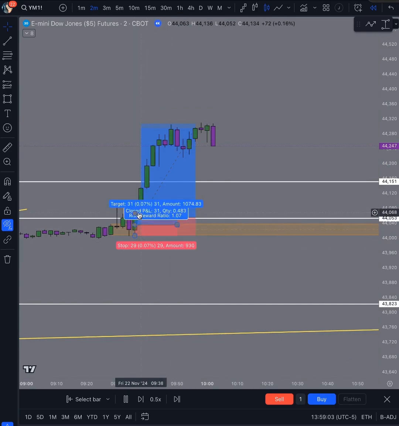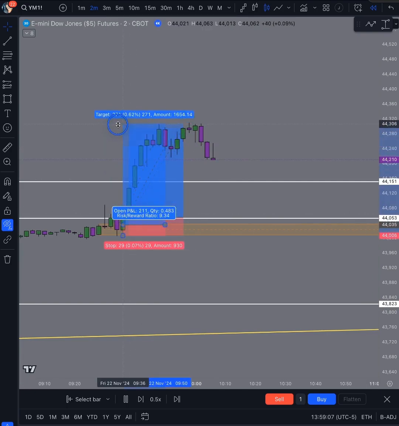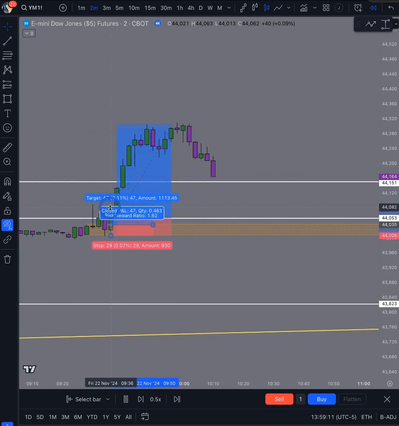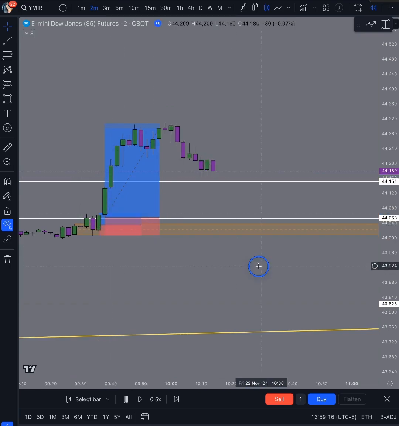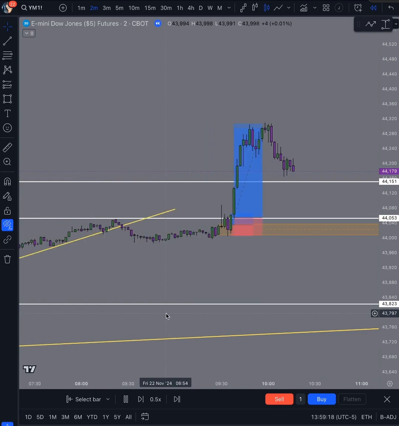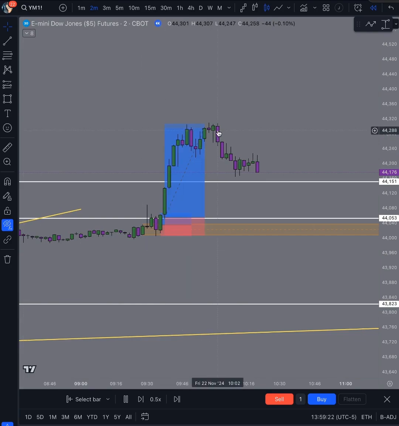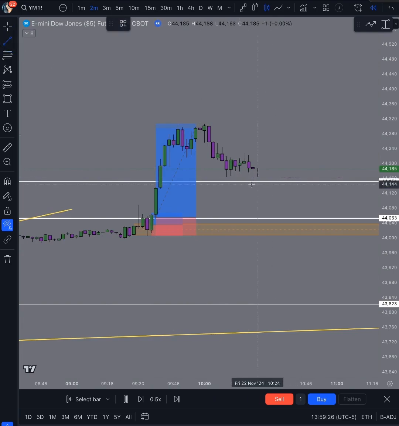Of course, if you had held this first one, let's just do it just for giggles. It's a 10-to-1. ICT would love that. So would all the fair value gap gurus. But remember, by the time you get up to here, now you've got a double top, you've got a nice little flag forming, you're breaking below that moving average, you're retesting, and now you've got a bearish move to the downside.